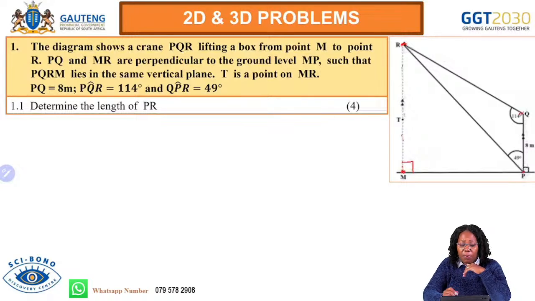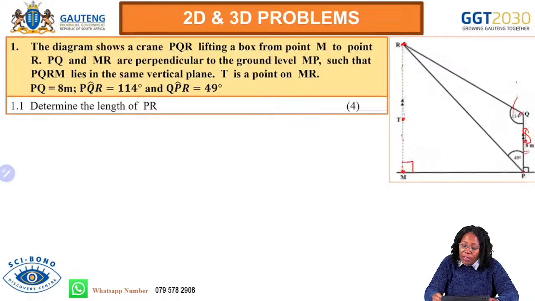So this is perpendicular to the ground level MP, such that PQRM lies on the same vertical plane. T is a point on MR. And then PQ is 8, as indicated there.